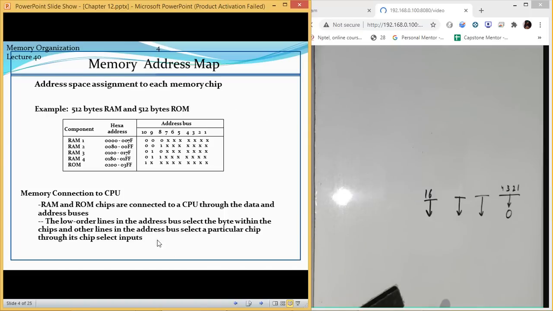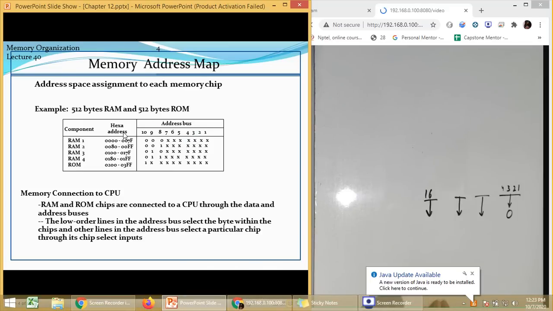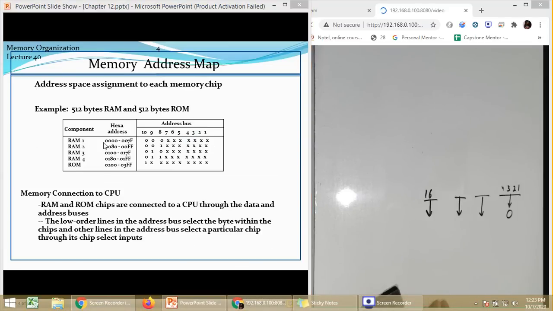That is why the hexadecimal address shown at this place is in 4 digits, but actually there are 16 address bits. These addresses are converted to a hexadecimal value.